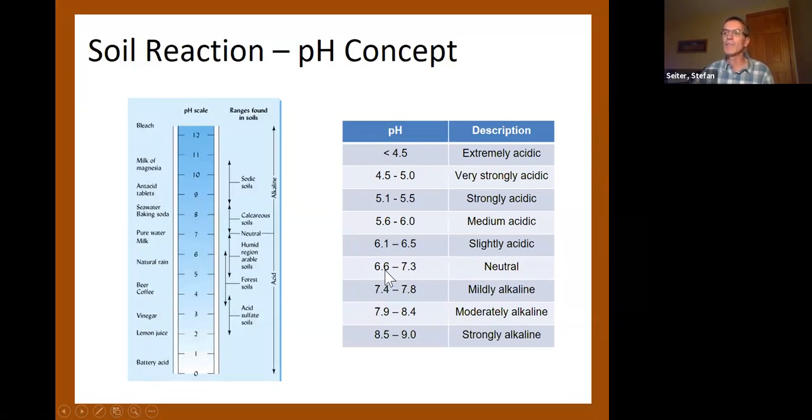And 6.6 to 7.3, we'll talk about neutral. So we have these various descriptors, but basically once it's close to 5, it's very, very acidic, and it's very difficult to grow anything at that level. And the same, anything once it goes toward the upper 7, it's very difficult to grow anything there for different reasons.